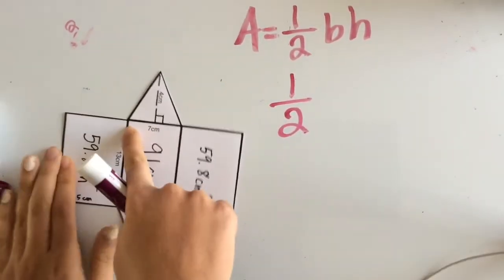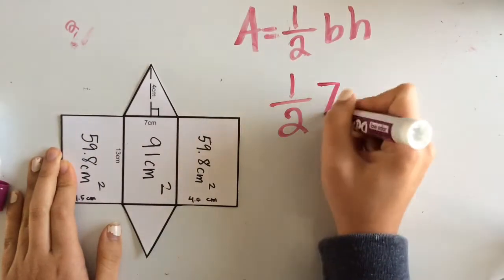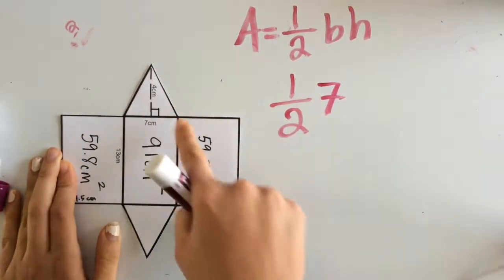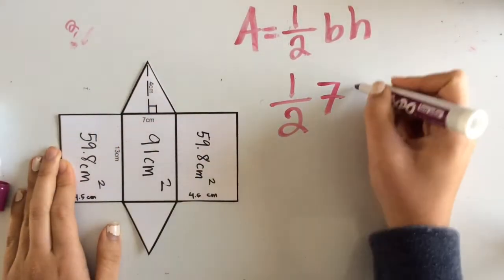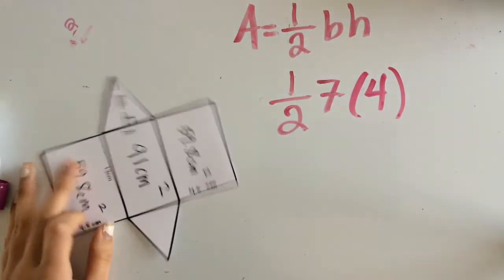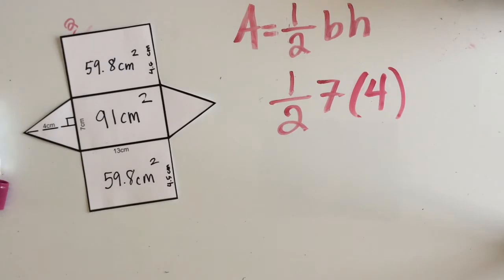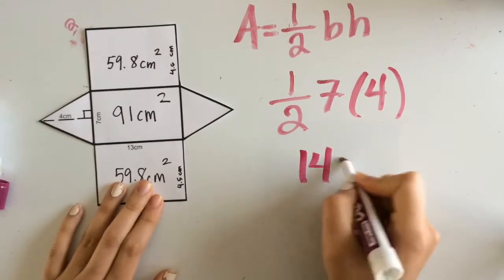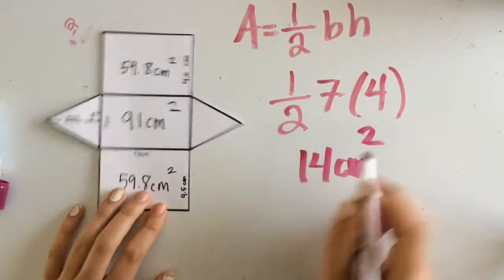The base of my triangle is 7 centimeters. And the height of my triangle, which is perpendicular to that base, is 4 centimeters. So I just multiply that. 1/2 times 7 times 4, which equals 14 centimeters squared.